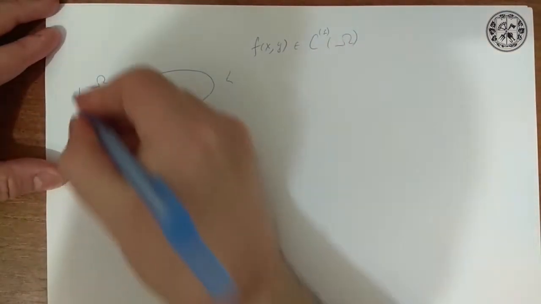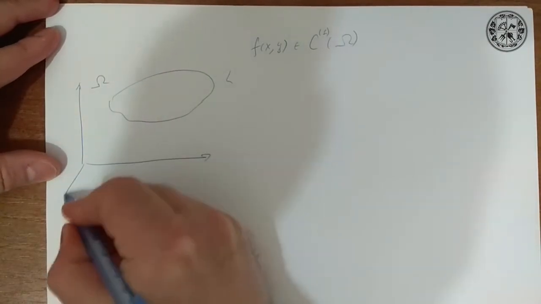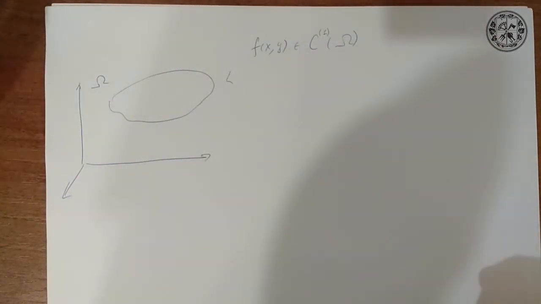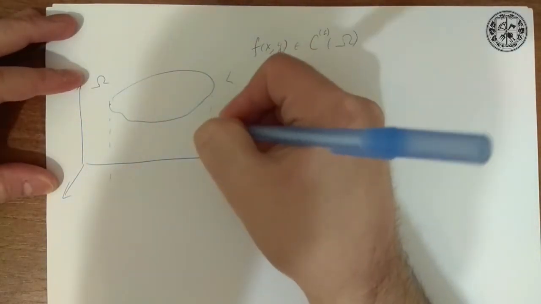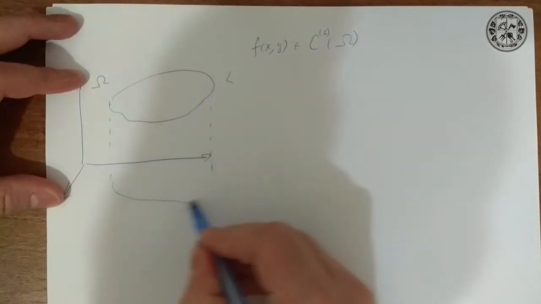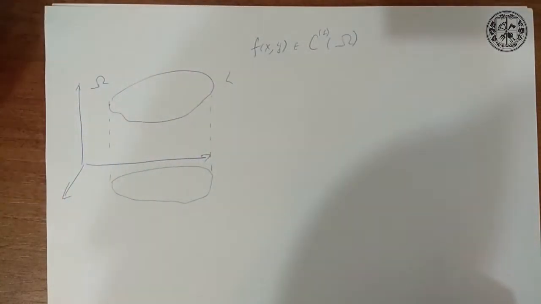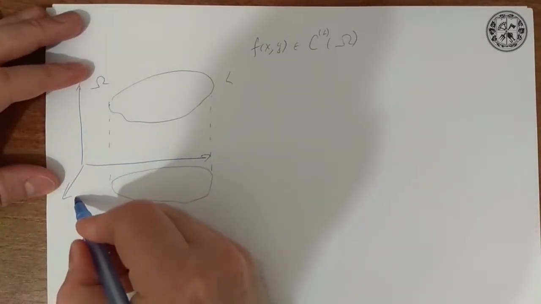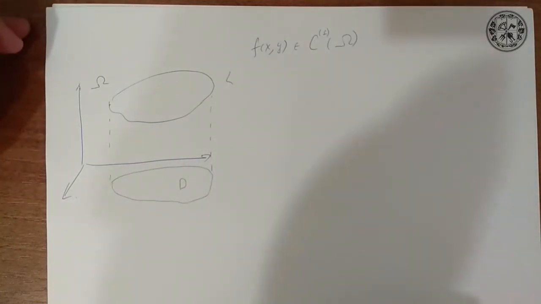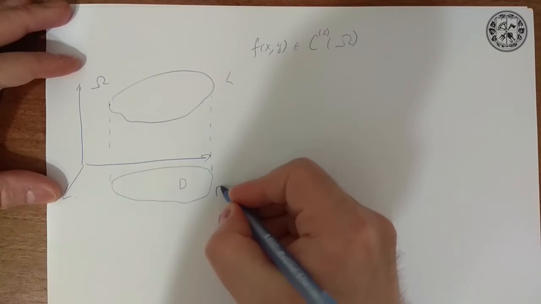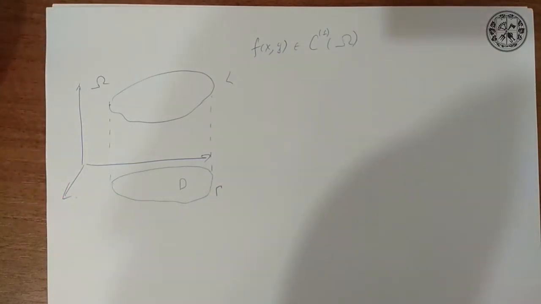Let us have this surface set in a three-dimensional coordinate system, and let us project this surface on the xy plane. This projection we'll call D, and it will be bounded by the curve gamma.